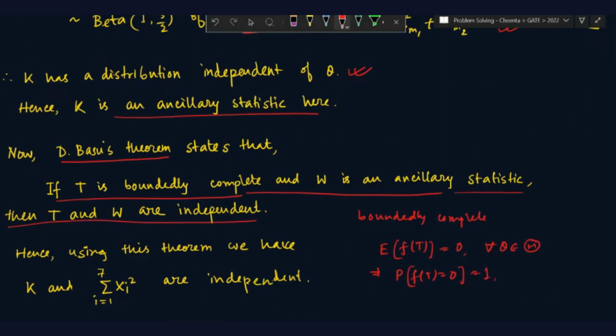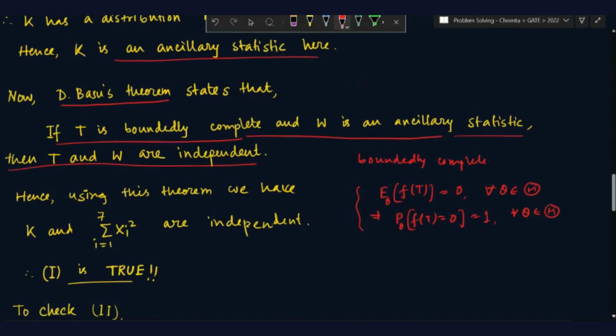That is, f(T) will be identically 0 on a set of probability 1 for all theta belonging to the parameter space. This is what is meant by complete. Now, boundedly complete means the same for all bounded functions f.